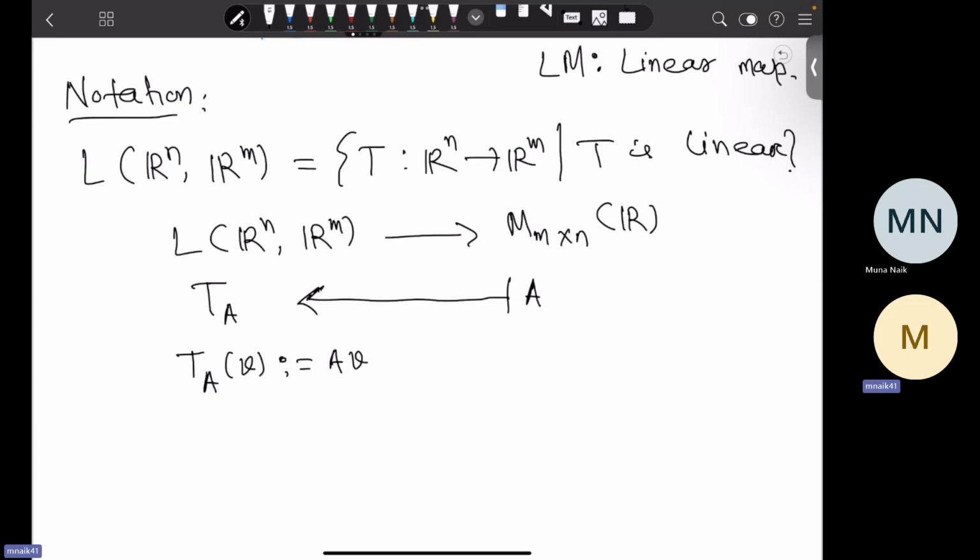This is just matrix multiplication, and you treat b as a column vector.